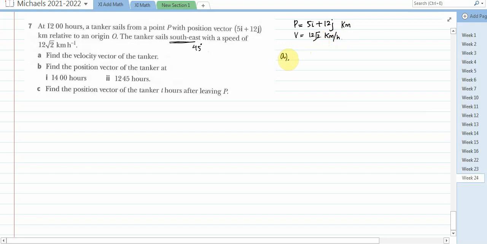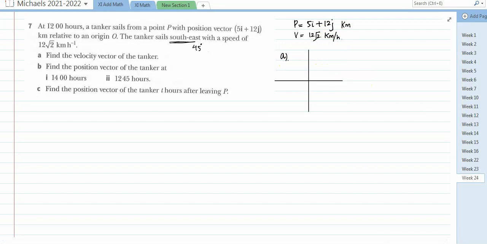For the first part, we need to find the velocity vector, and for that you need to sketch a scale here. Alright, the angle is southeast, so not this one: north, south, west, east.